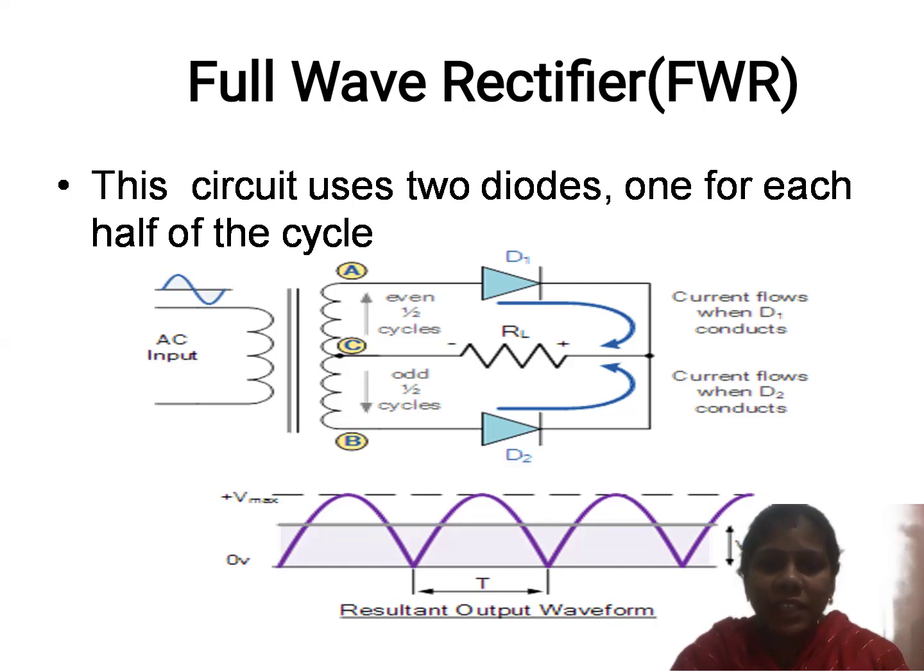So whenever D1 acts as a short circuit, the applied input signal flows towards the RL with polarities plus to minus, and it is taken as the output signal. The output is taken across RL, from plus to minus polarity.